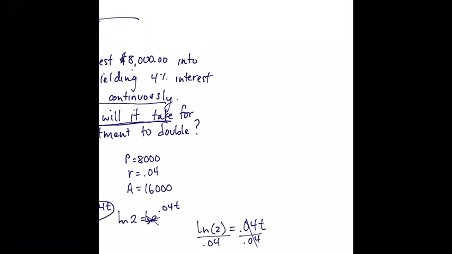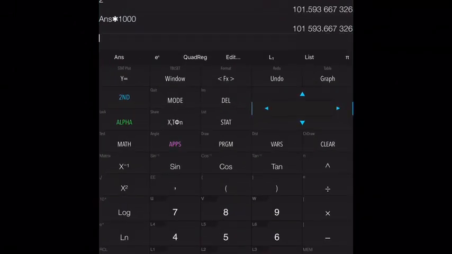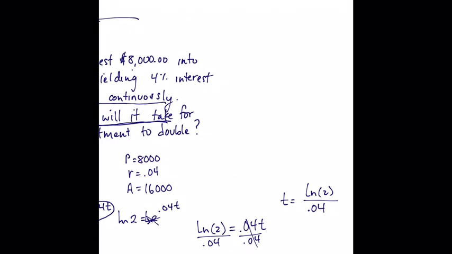So the amount of time it takes for that investment to double is natural log of 2 divided by 0.04. So looking on a calculator now, natural log of 2 divided by 0.04 is 17.33 years.